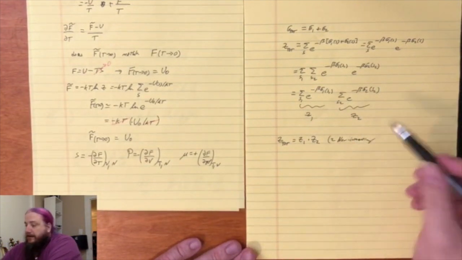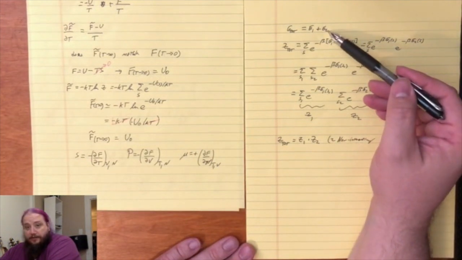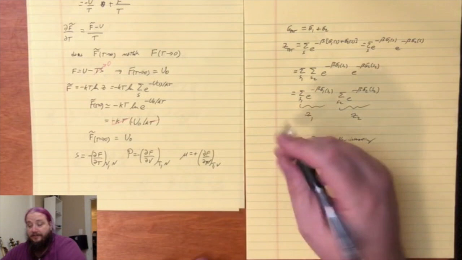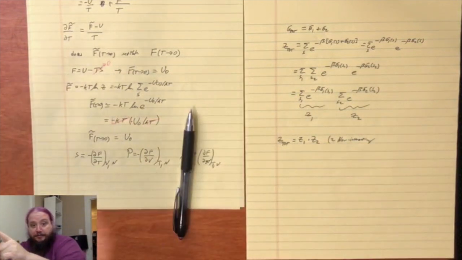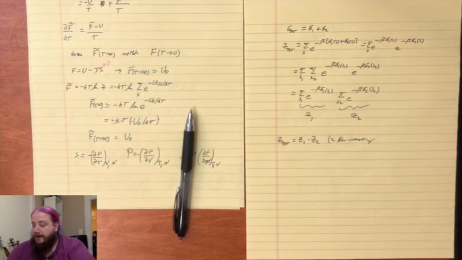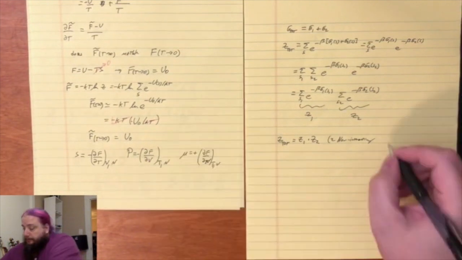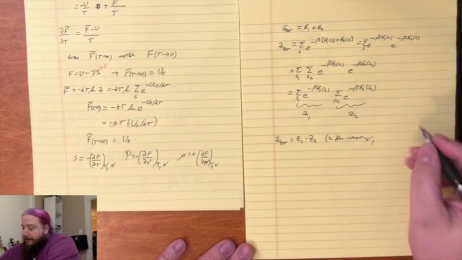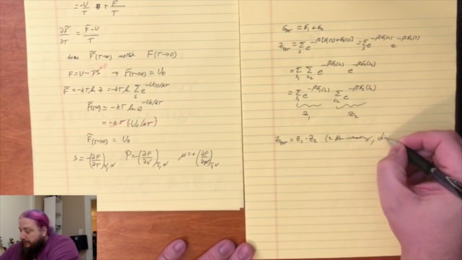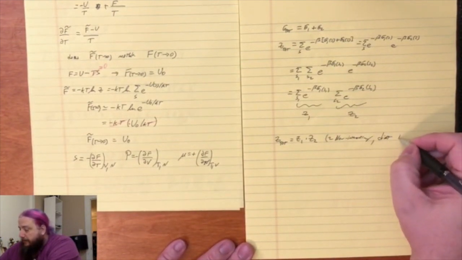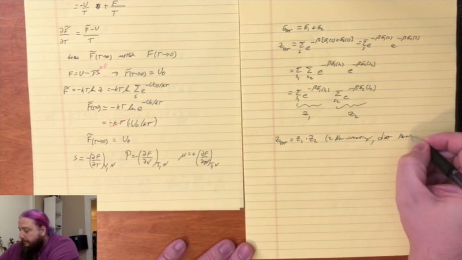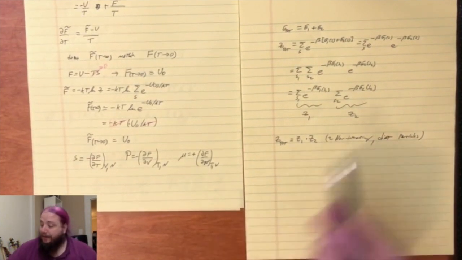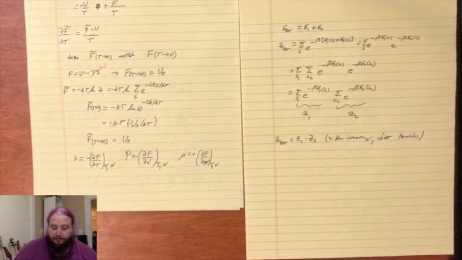And the non-interacting came in here. If there was interaction, then we couldn't just add the individual particle energies together, because there would be an energy of the particle-particle interaction. So: non-interacting, distinguishable particles. And the distinguishable was important because that allowed us to break the sum into two different parts.